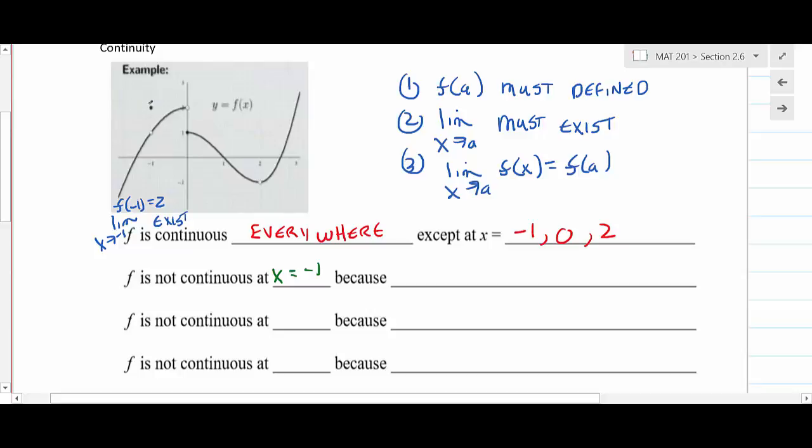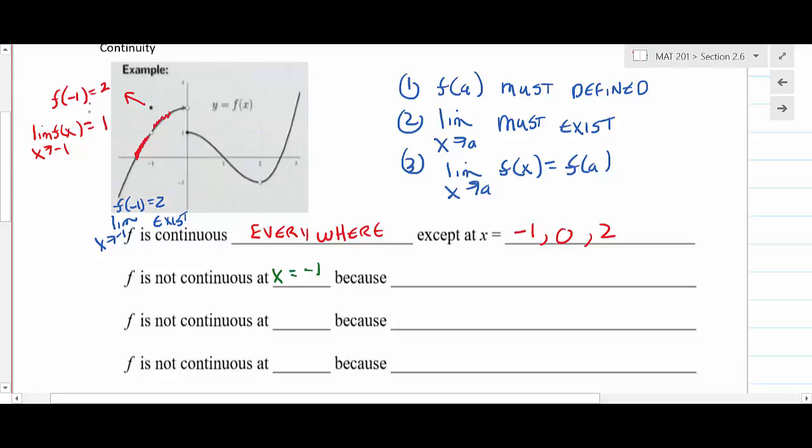So the idea is this point right here has a function value. Let me write this like this. Again, at this particular point right there, f of -1 is equal to 2. But look at the limit. The left-hand limit is approaching 1. The right-hand limit is also approaching 1. So that would mean that the limit of f of x as x approaches -1 would be equal to 1.